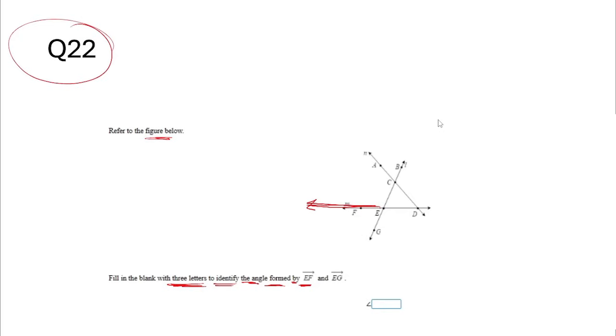What is the angle here? It's FEG. As we said before, an angle is formed when two rays have a common endpoint. This is ray number 1, this is ray number 2, so this is the angle. So FEG.